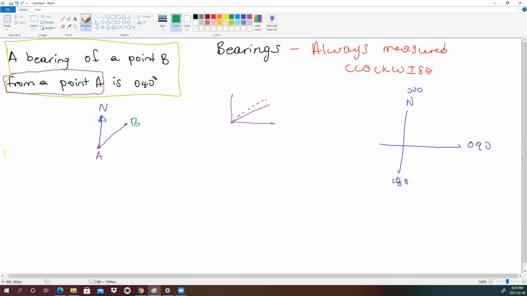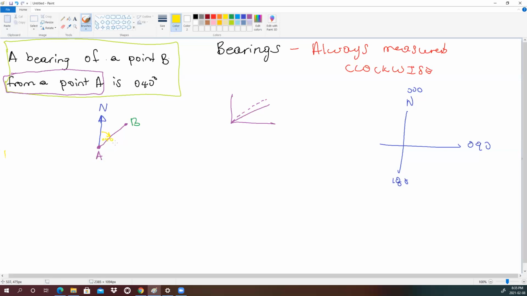So the bearing of point B from point A is 40 degrees. I know that this angle in here, and I'm going to draw the arrow to show that it is going in the clockwise direction, is 040.